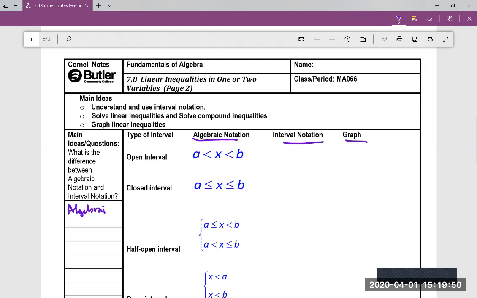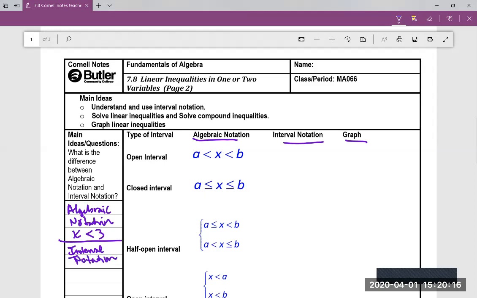So algebraic notation looks like this. You're still going to see the variable. Okay, you've done the math. It's what we did on the prior page. X is less than 3. That's if the instructions in Hawks say, please put your answer in algebraic notation, you would do this. Okay. But some of the Hawks is going to say, put your answer in interval notation.